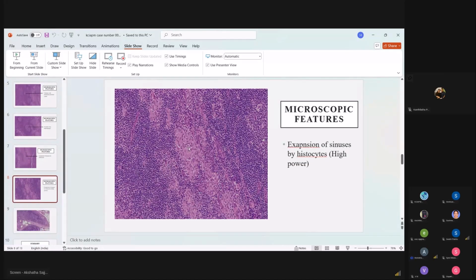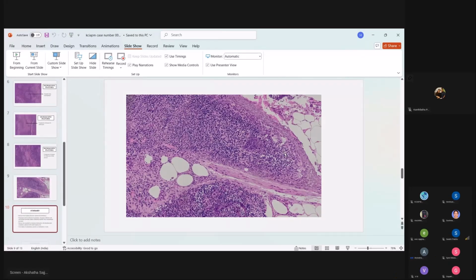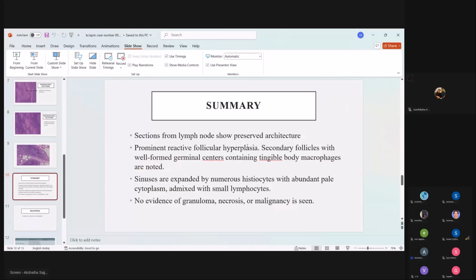And in high power, expansion of sinuses by histiocytes. I also noted a subcapsular glandular area. I wanted to think of it as metastatic also, but I was not sure. So the summary of my presentation: sections from the lymph node show preserved architecture, prominent reactive follicles, hyperplasia noted, and follicles with well-formed germinal centers containing tingible body macrophages.